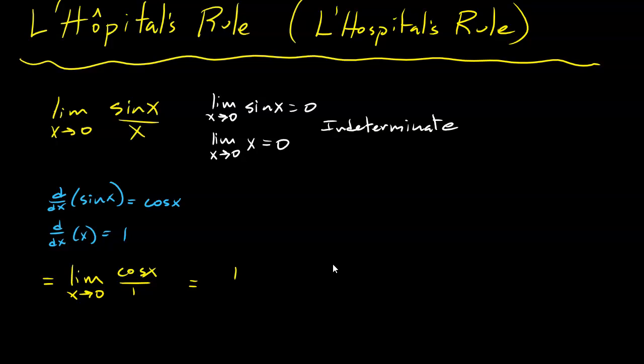Cosine of 0 is 1 over 1. This is how you actually find the answer to sine of x over x. Now, I know I showed you guys the squeeze theorem and all that. That's basically how they figured it out the first time. L'Hopital's rule is what makes it a lot easier.